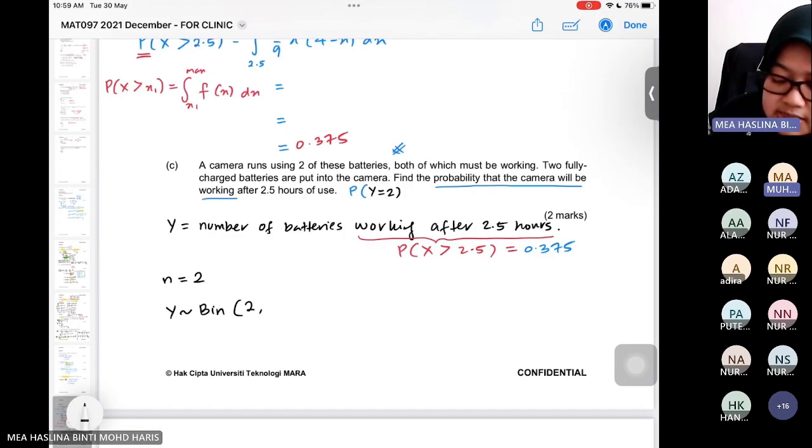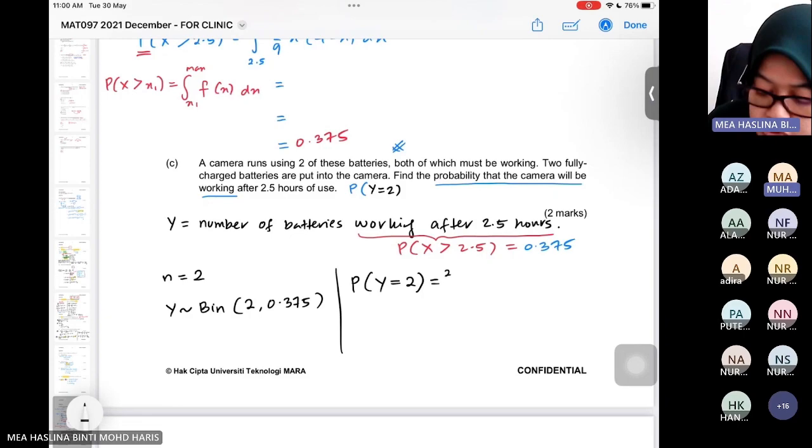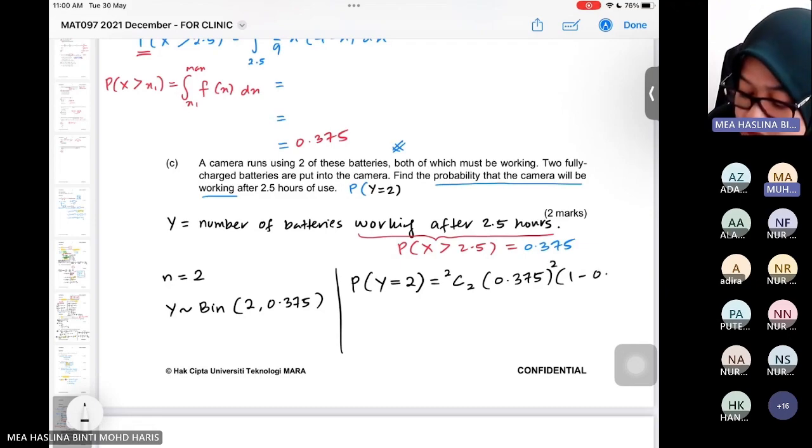And the probability of success, referring to successfully working after 2.5 hours, is 0.375. So probability of Y equal to 2, meaning both working, exactly 2 working after 2.5 hours, will be 2C2 times 0.375 squared times (1 minus 0.375) to the power of 0.